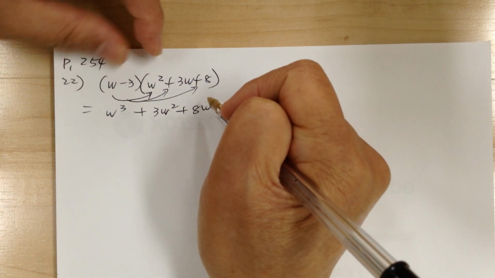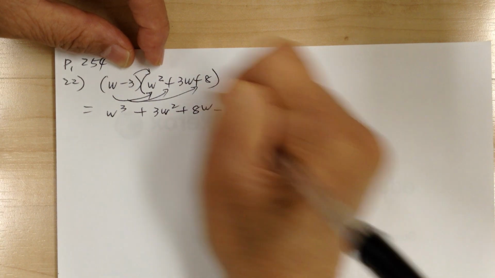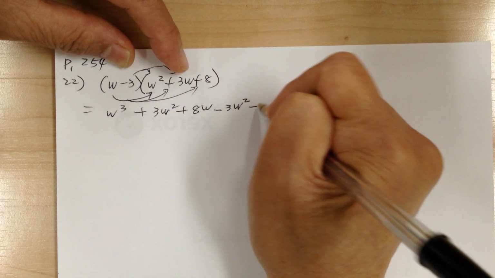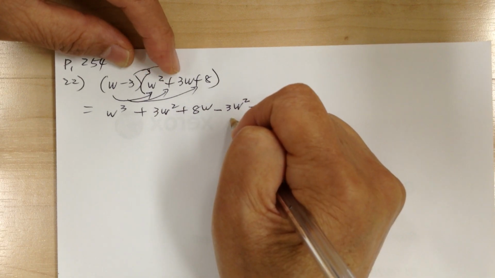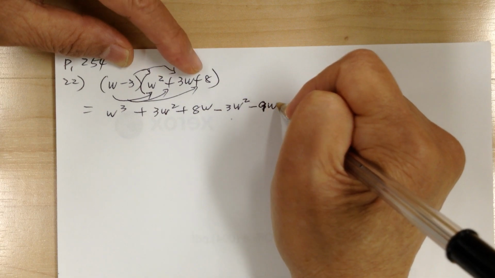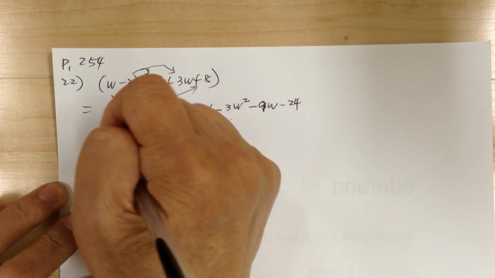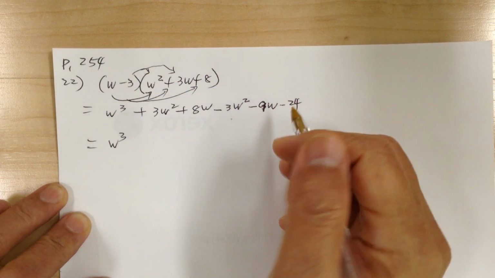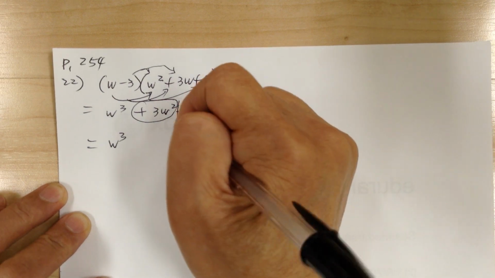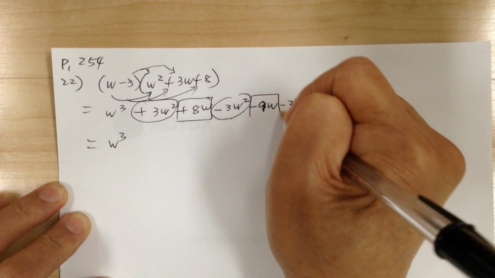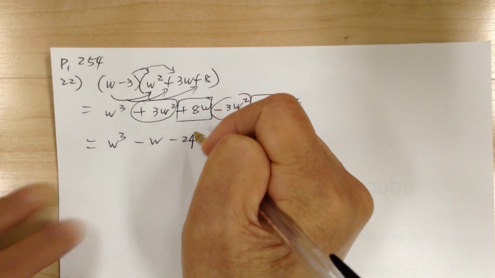So after you're done with the first term, you go to the second term. So it'll be minus 3w squared minus 9w minus 24. Then after that, you combine the like terms. So this one has nothing to combine. So this one and this one, they cancel out. And this one will be minus w, and the last would be minus 24.